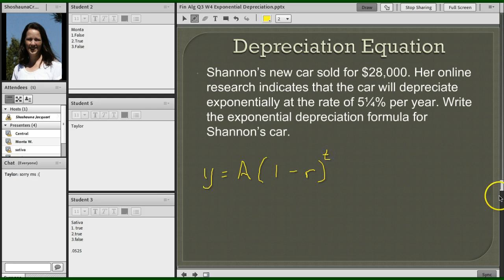Let's see what you guys got. And Sativa, good job on getting that decimal correct.